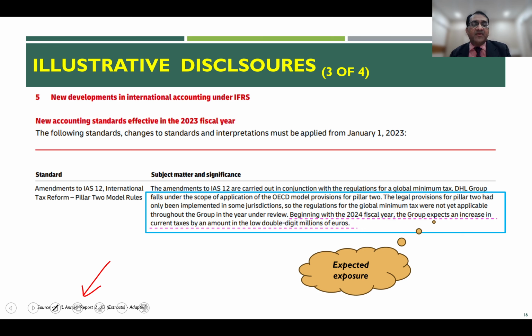If you see, beginning with the 2024 fiscal year, the group expects an increase in the current tax by an amount in low double-digit millions of euros. This is another way in which expected exposure is given in the financial statements by various entities. In this case, DHL's case.